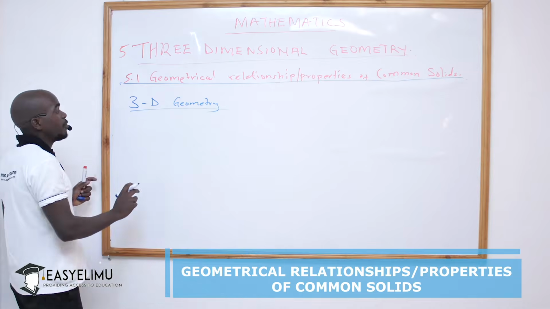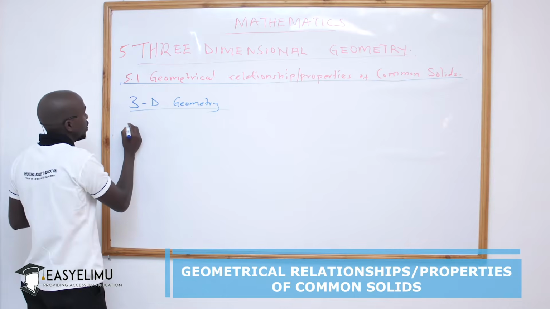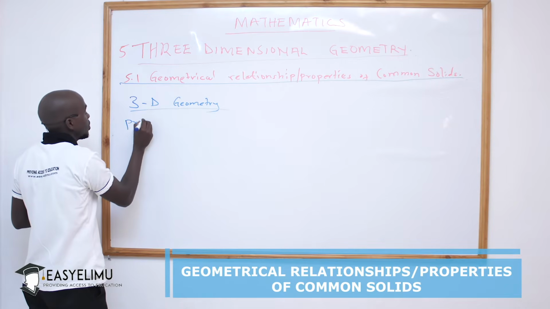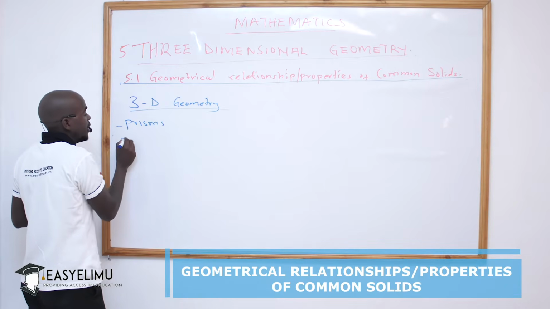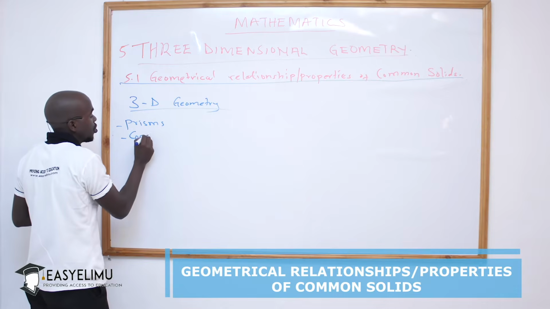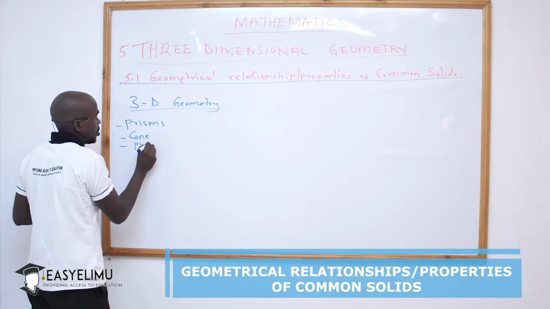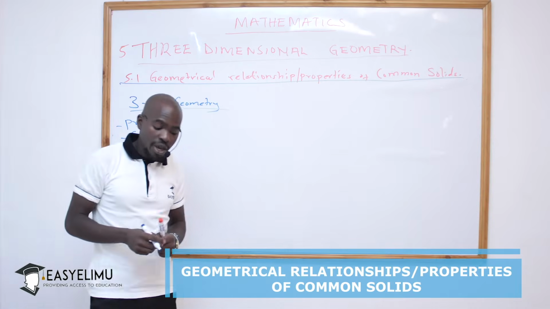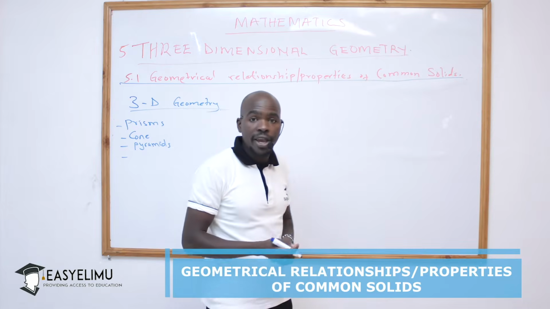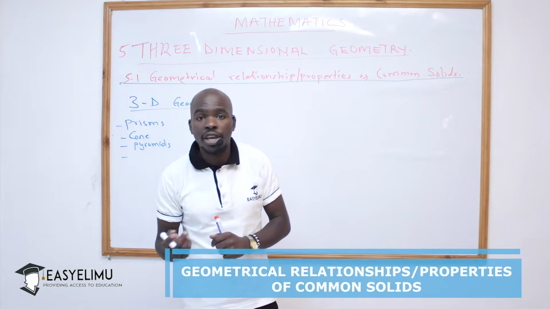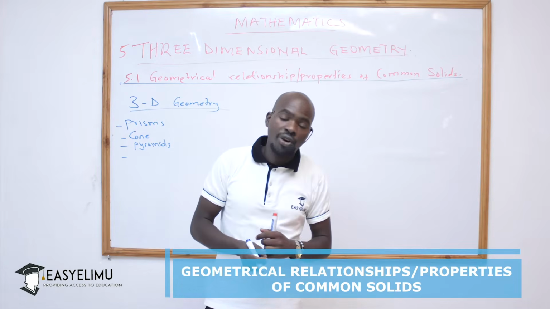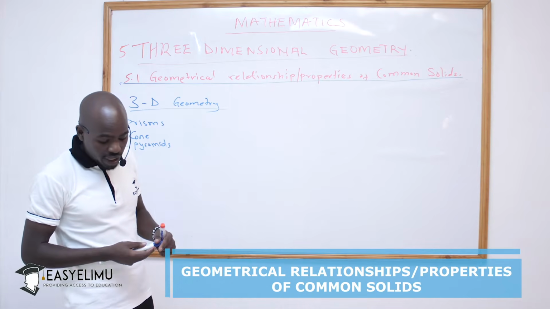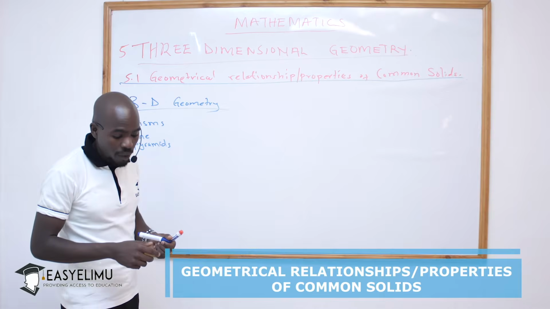They may include prisms, cones, pyramids, and so on, which you may encounter in your area. Maybe you can add octahedrons, and we have the sphere. Those are the three-dimensional geometries we may encounter.